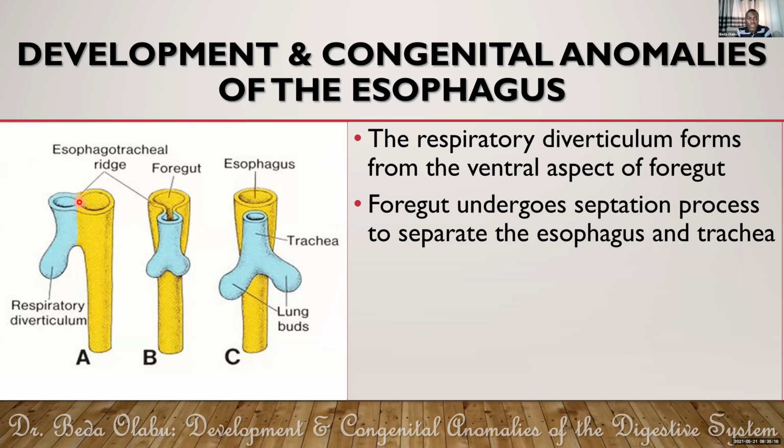Then the septum fuses, and after the septum has fused, you've separated the trachea in future from the esophagus behind. That septum does not form completely upwards. It will leave a small entry to the trachea. And that small entry upward is what we call the laryngeal inlet.